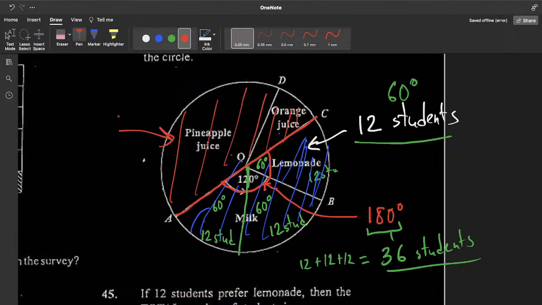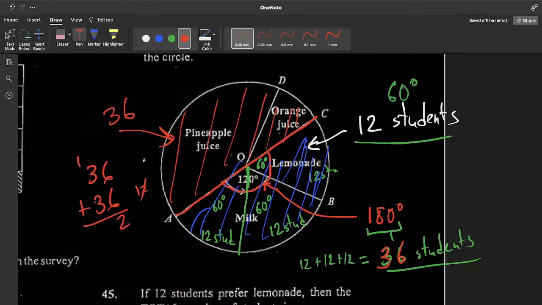Why? Because this is half of a circle. So if one side of the circle represents 36, the other side must represent 36 as well. So what we could do is add the two 36s together, and that would give us the total number of students. So 6 plus 6, 12.